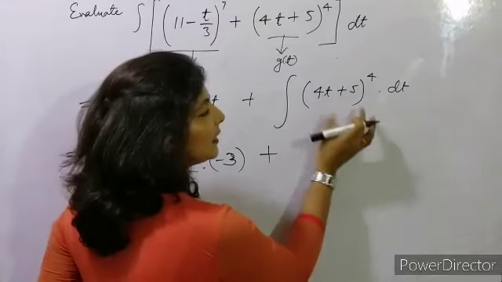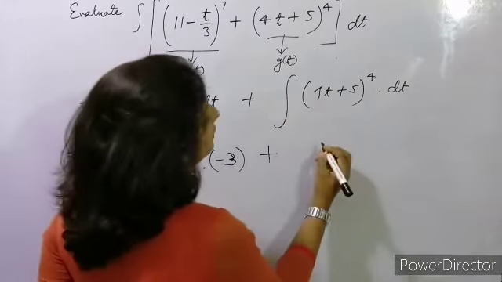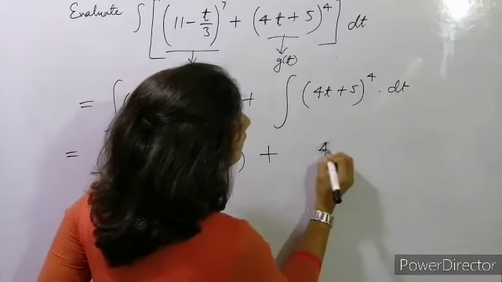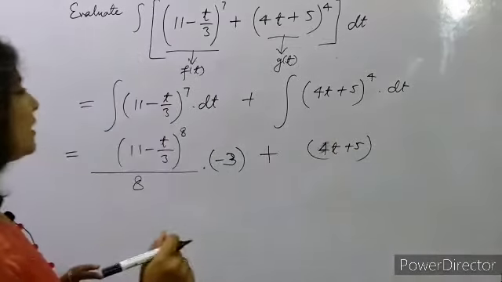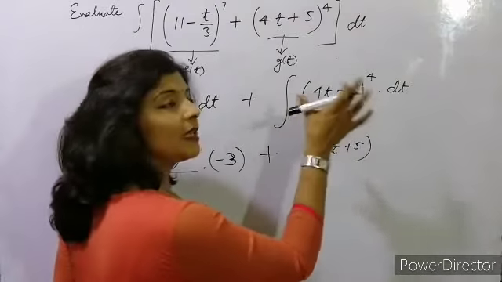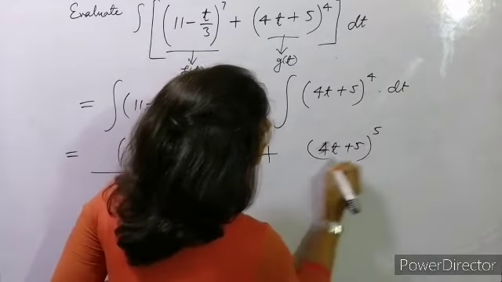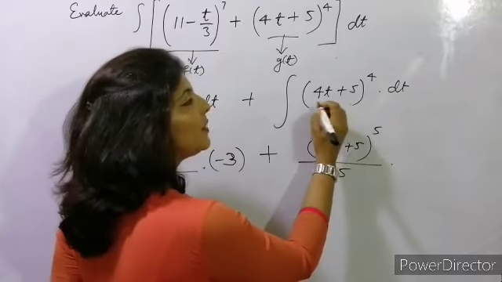While integrating this, x to the power 4, we'll get x to the power 5. For 4t plus 5, we'll increase the power by one and then divide by the current power, so it will be 5 and we'll divide it by 5. Now we have to differentiate this 4t plus 5.